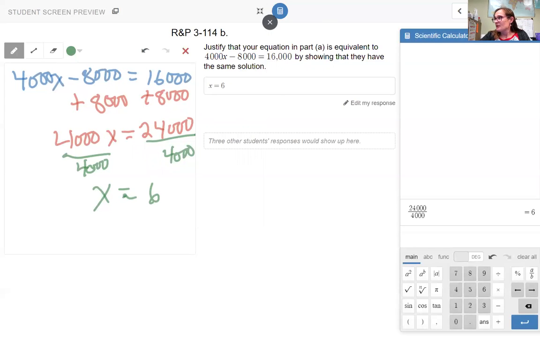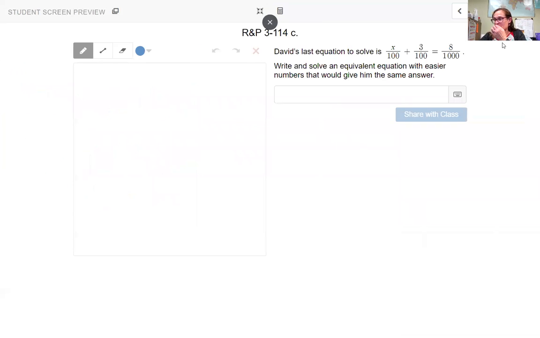Okay, page 15. All right, David's last equation to solve is x divided by 100 plus 3 divided by 100 equals 8 over 1,000.